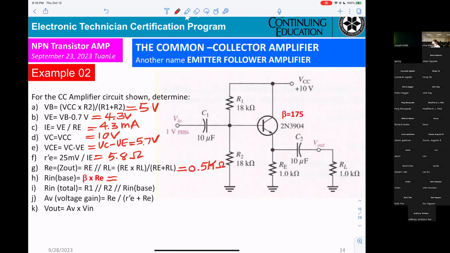R in base is beta times RE, 175 times 0.5. You get 87.5. 87.5. Yeah.